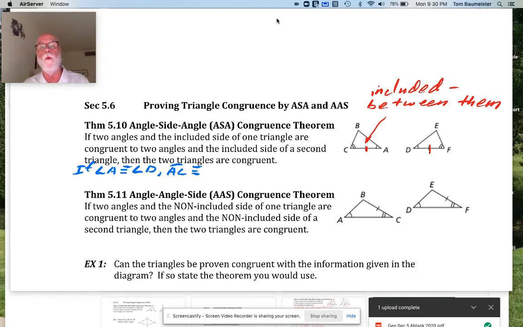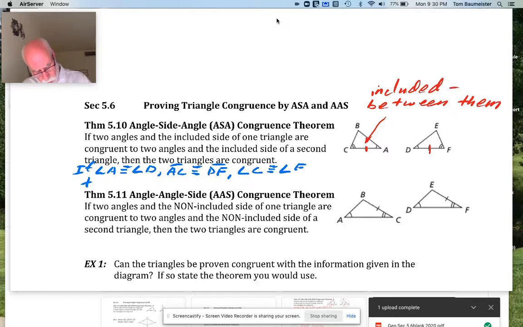I went from the one marked 1 to the one marked 2, so I'll have to do the same thing. So that would be line segment DF, and then angle C is congruent to angle F.